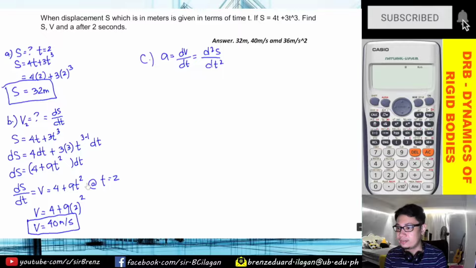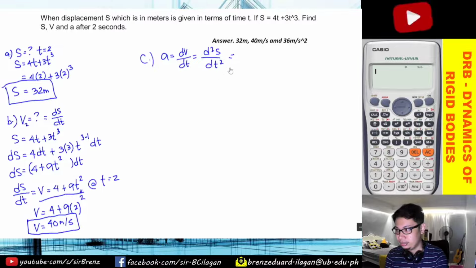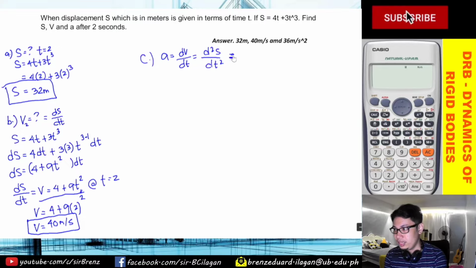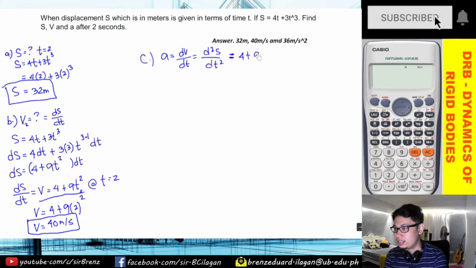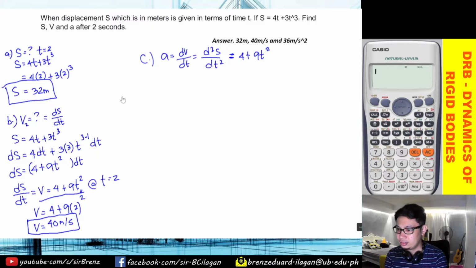So, isulat mo ulit yung equation niya, pero hindi yung 40 meters per second ang i-consider mo, but this original equation, equals 4 plus 9t squared. Eto, i-derivative lang natin yung equation niya.